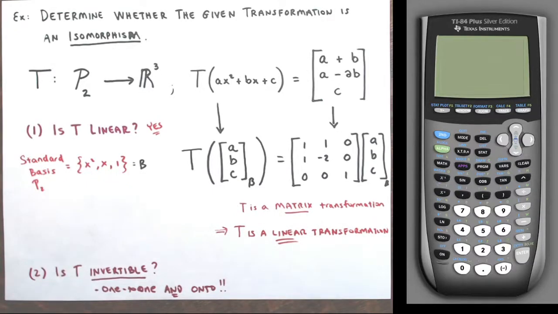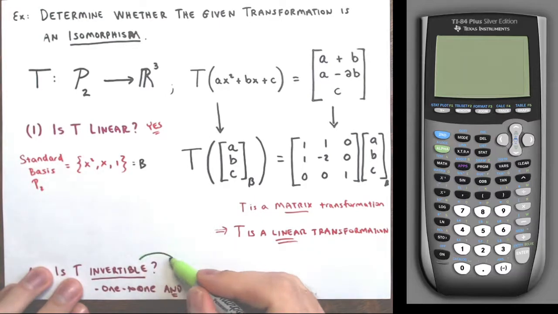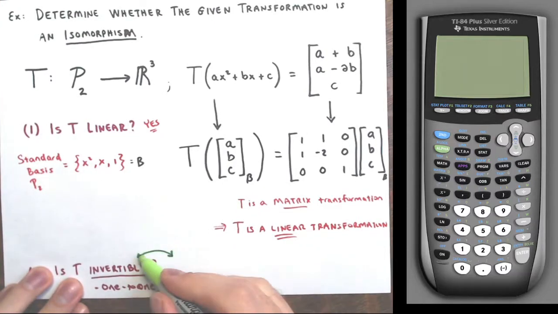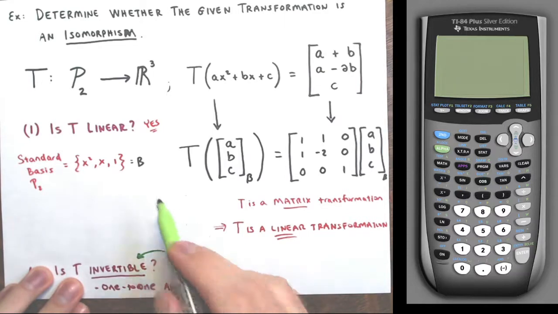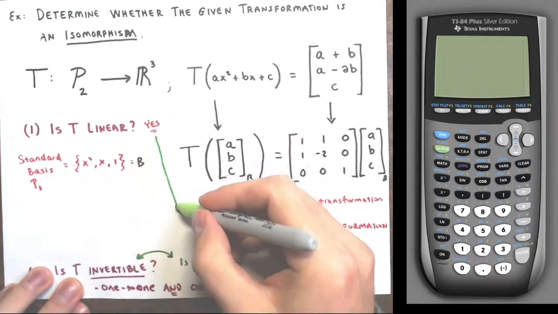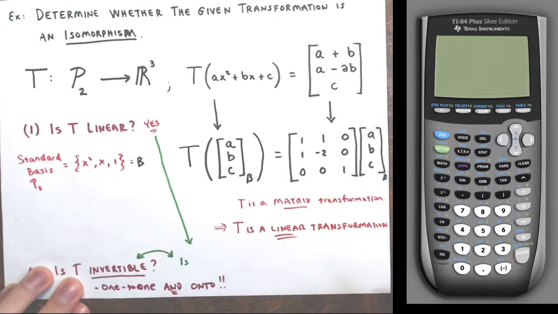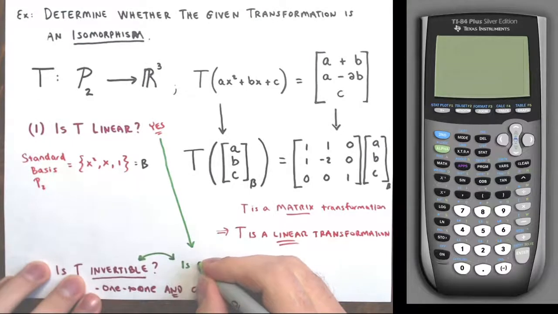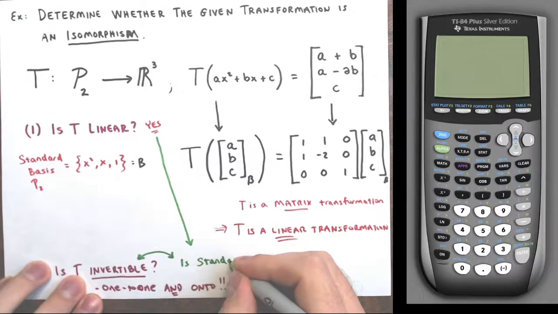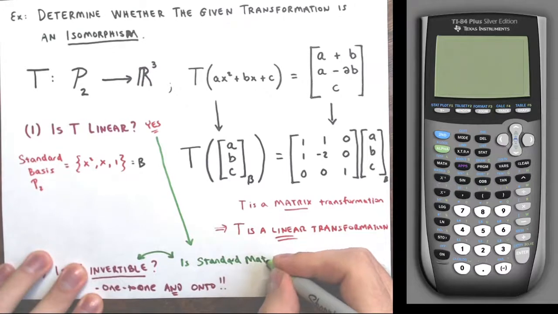The reason I wrote this as a matrix transformation is to make this part a little easier for me. Asking this question is basically the same as asking, is the standard matrix invertible? Because if it is linear, it'll have a standard matrix associated with it. So is the standard matrix invertible?